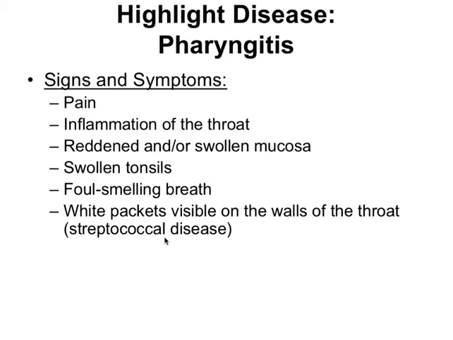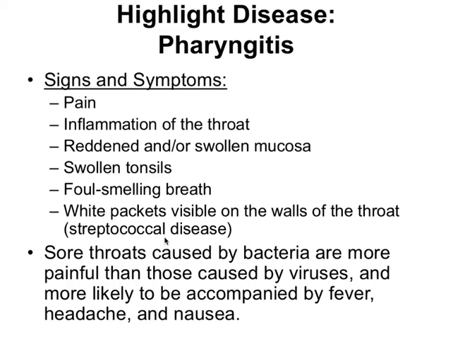So what is pharyngitis? It's what's colloquially known as a sore throat. We see pain and inflammation in the swollen mucosa and swollen tonsils. The breath usually takes on a distinctive foul odor, and you get white patches of tissue on the walls of the throat, often an indicator of strep infection.